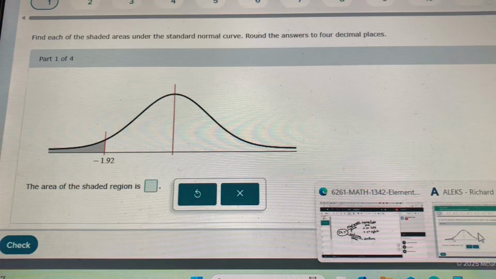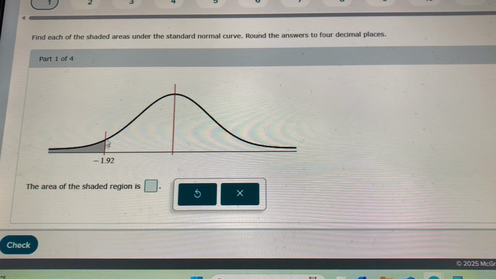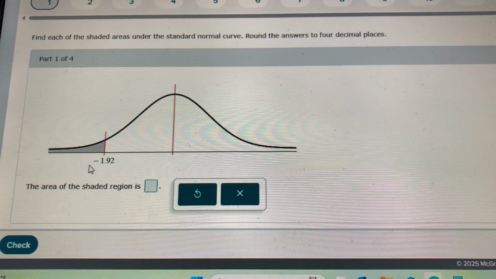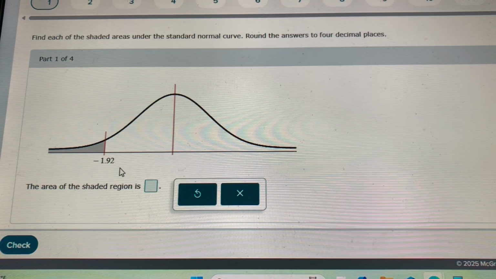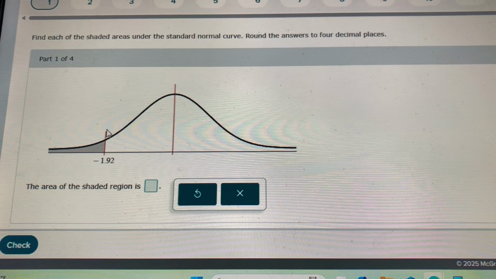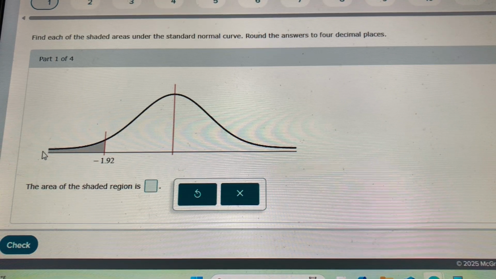We have on this very first homework problem, it's got an area shaded to the left of a z-score. So this -1.92, that's a z-score, like it was in Chapter 3, except there we could only do it if it was exactly -1, exactly -2, or exactly -3. So here we're basically going from -1.92 all the way down to -infinity.